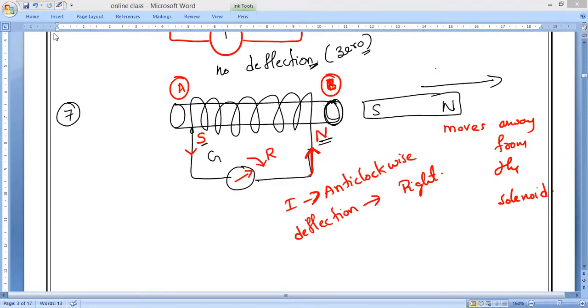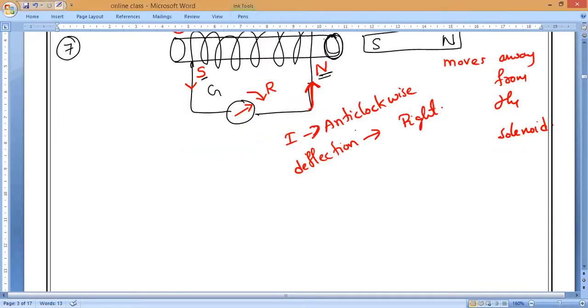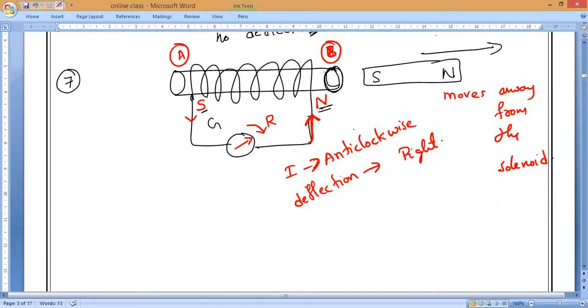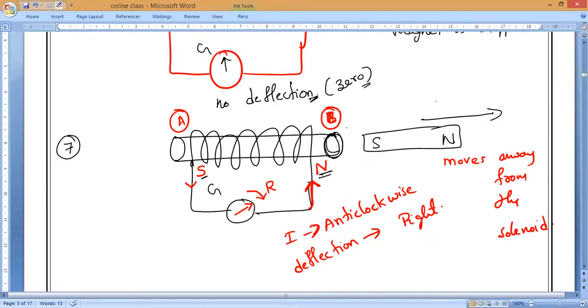Please, anybody, Nitish, Ashika, Kavya, please respond. So this is the second activity, demonstrating the phenomenon of electromagnetic induction by moving a magnet near a solenoid. If I move it, how the current passes and what the deflections are, you have to remember very carefully.